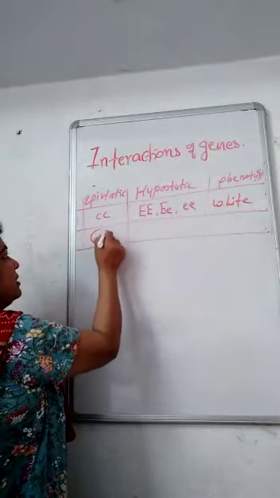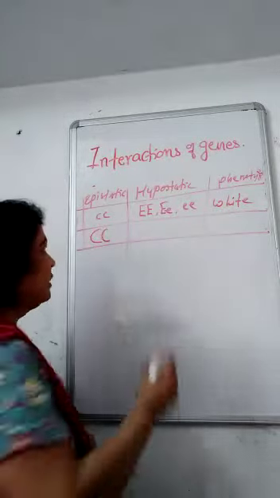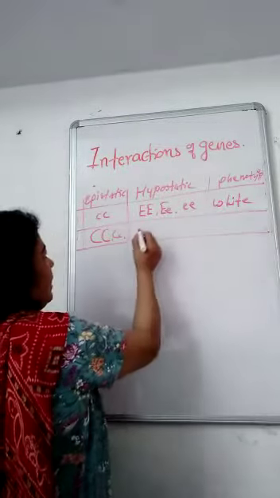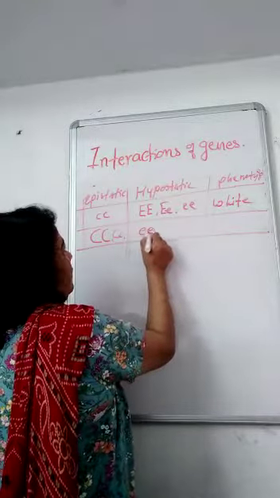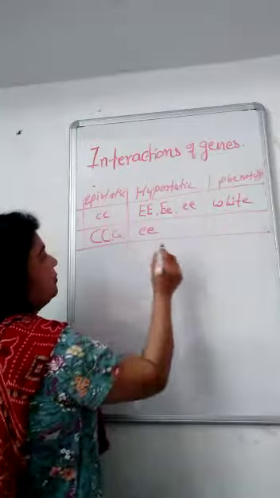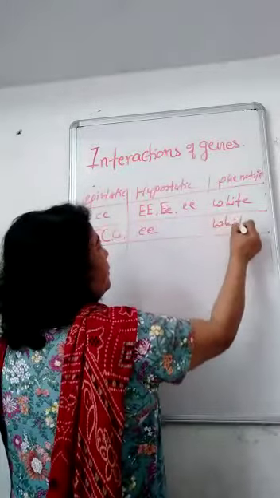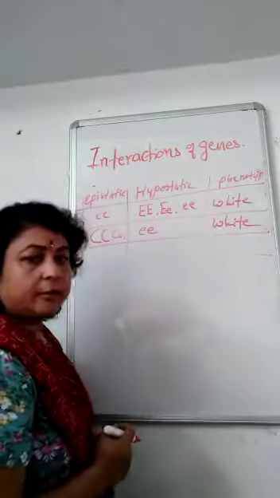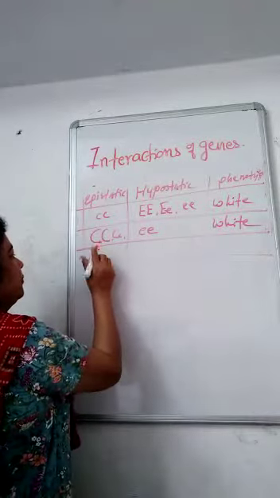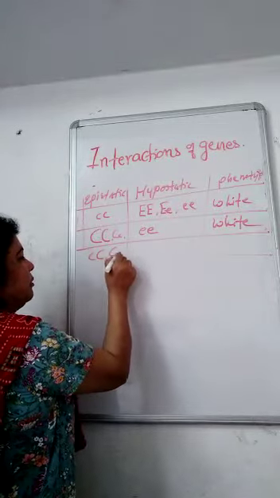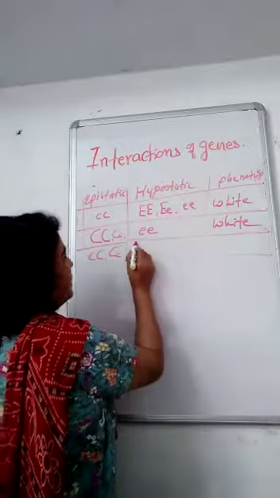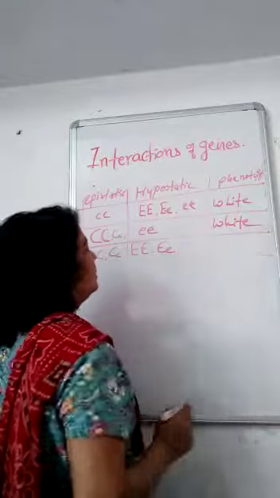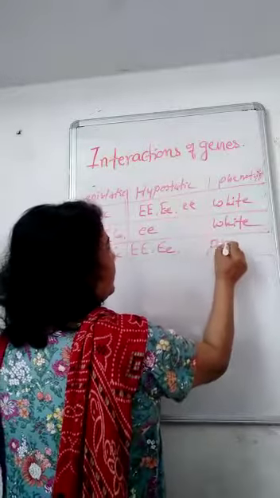When it is in dominant, homozygous, or recessive, okay, and the other is in recessive condition, it again produces white. And when it is also homozygous or heterozygous dominant, it produces the purple flower.